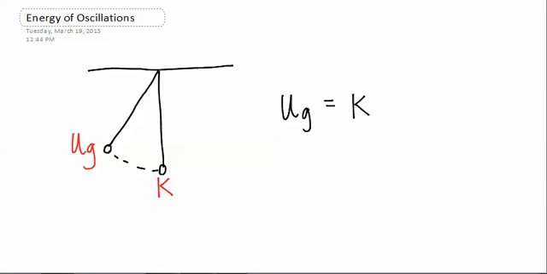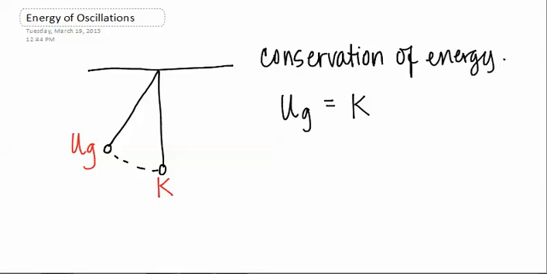Conservation of energy, that's right. So by the conservation of energy, we should get that the maximum gravitational potential energy would be equal to the kinetic energy, if we're looking at the maximum position and the minimum position.